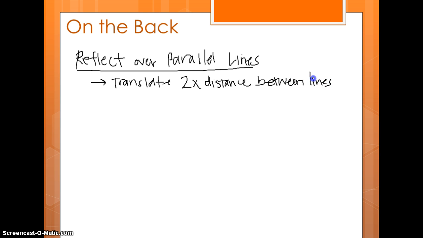So if we reflect over parallel lines, it's the same as translating twice the distance that's between our parallel lines.